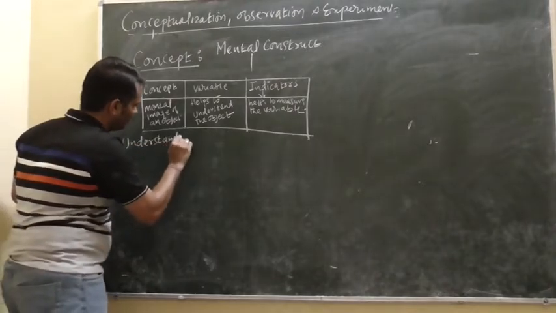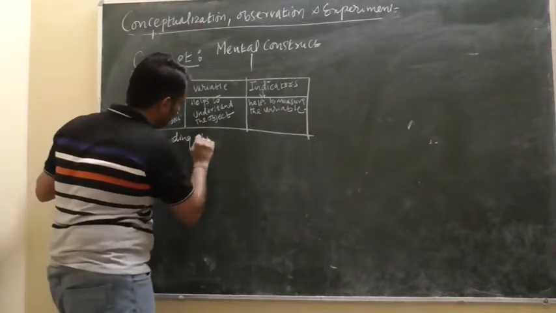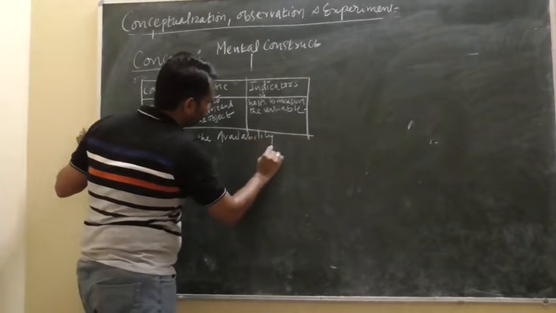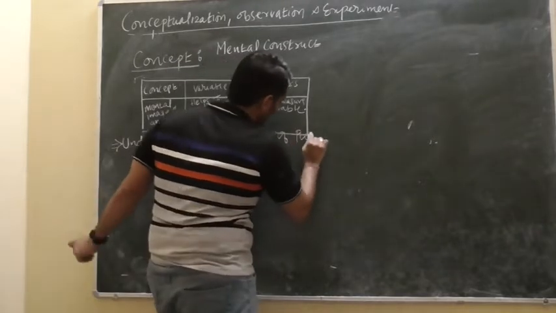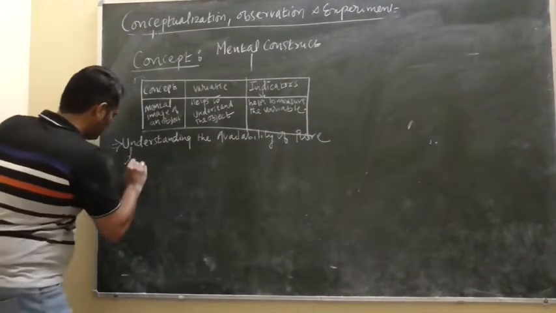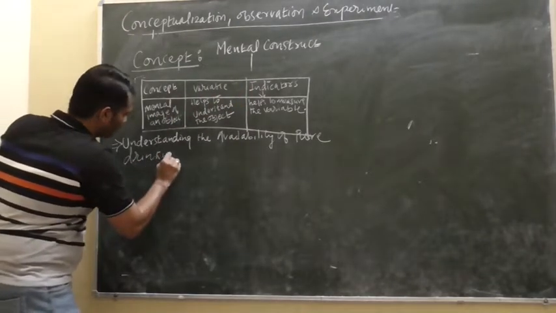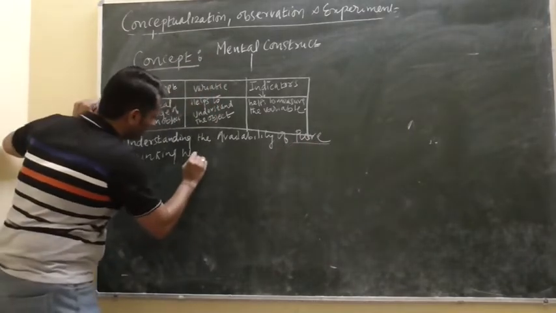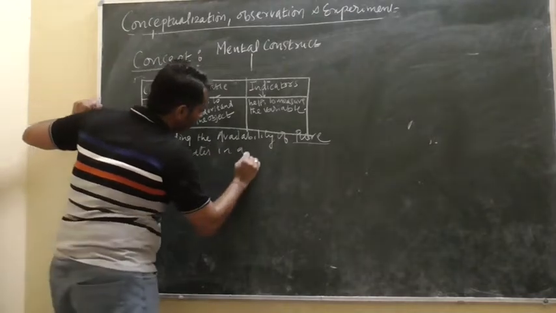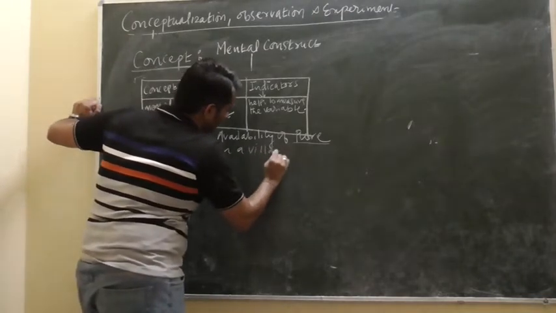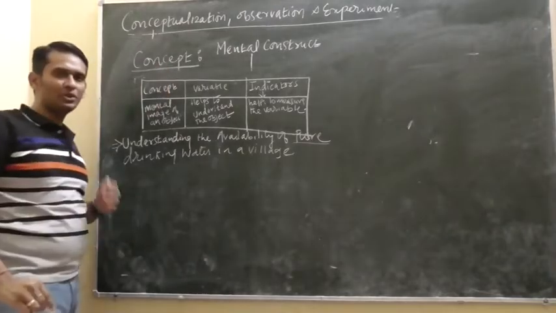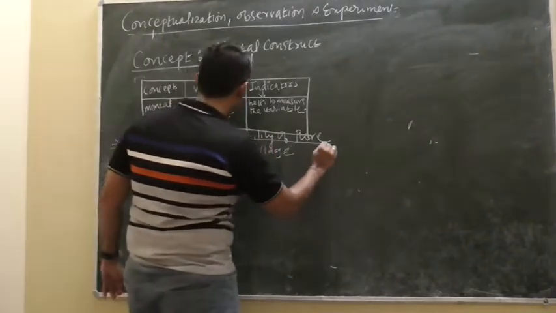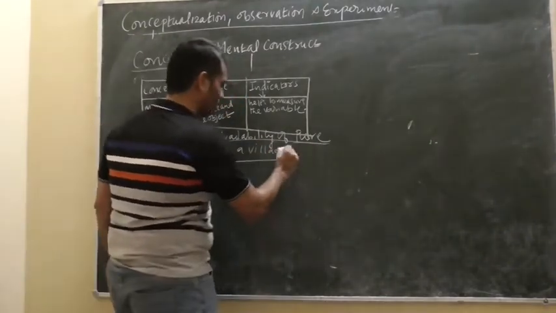Understanding the availability of pure drinking water in a village, I would like to use a different set of concepts to understand this availability of drinking water in a village.